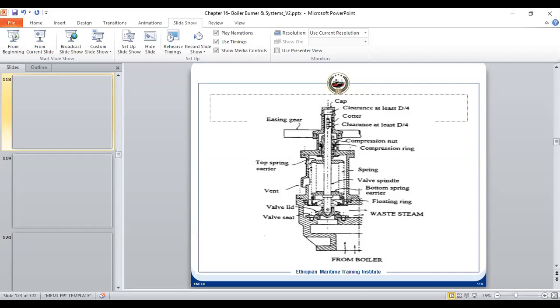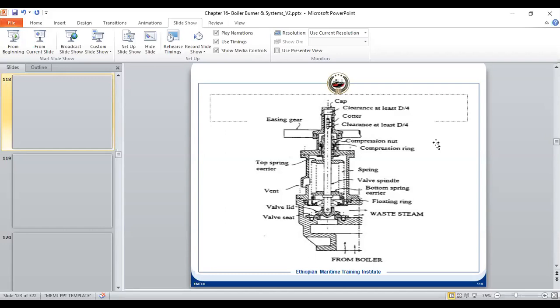Basically, we are pushing the top spring carrier down against the bottom spring carrier. And what is the bottom spring carrier doing? That is pushing down against this collar on the spindle, and thus the spindle is pushing down the valve lid against the valve seat.